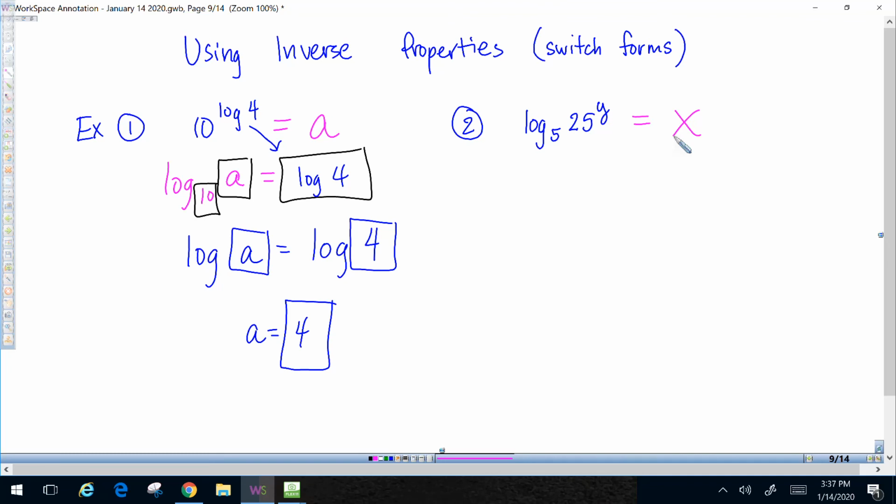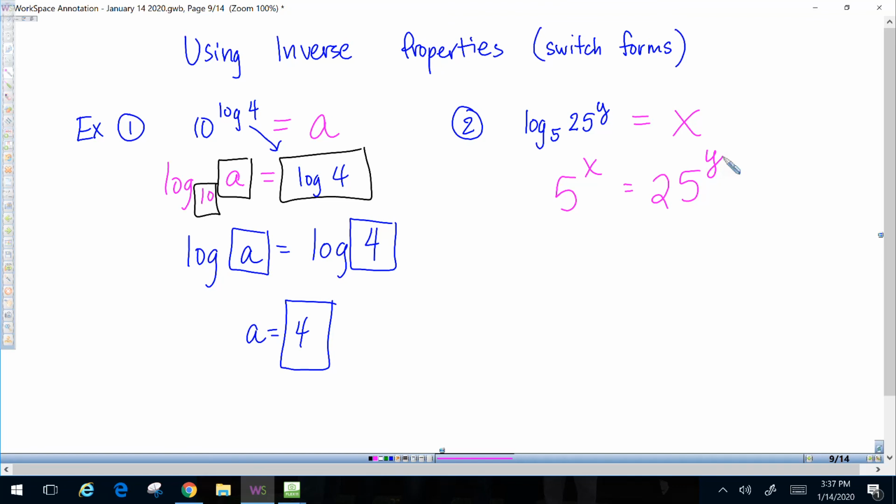Now we're going to switch forms. The base is 5. What's my exponent? Base raised to the exponent equals the answer. My exponent is the x, and the answer is 25 to the y. Last time we did these problems, as long as we had the same base, the exponents had to be equal.